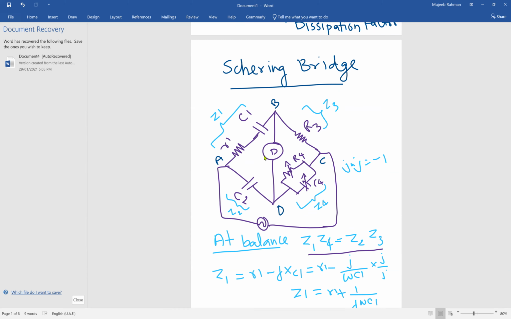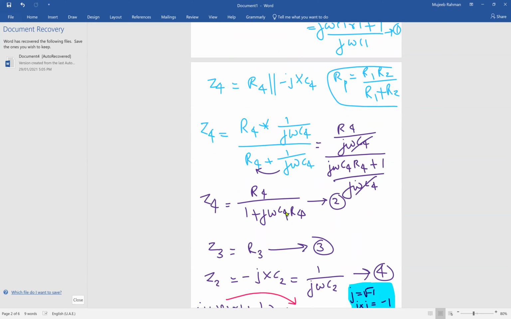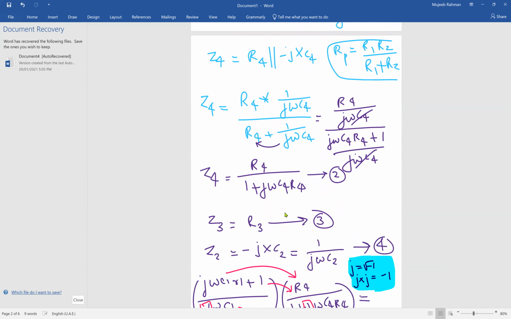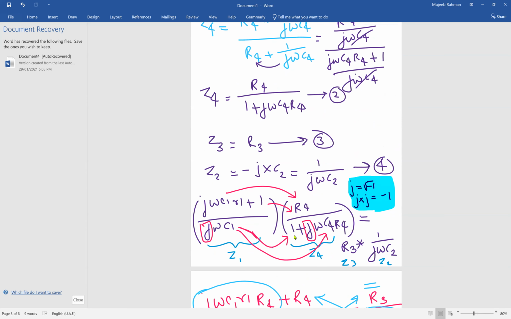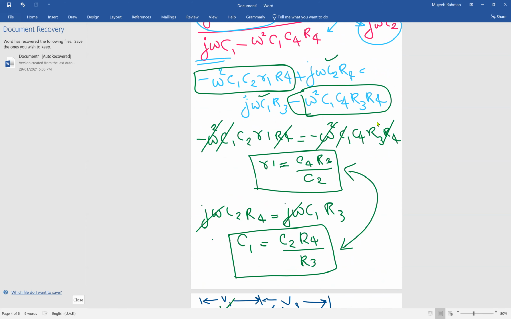When the bridge is balanced, the products of the impedances of opposite arms can be equated, so we have the equation Z1 Z4 is equal to Z2 Z3. We substitute the four terms, simplify, and separate the real and imaginary terms.